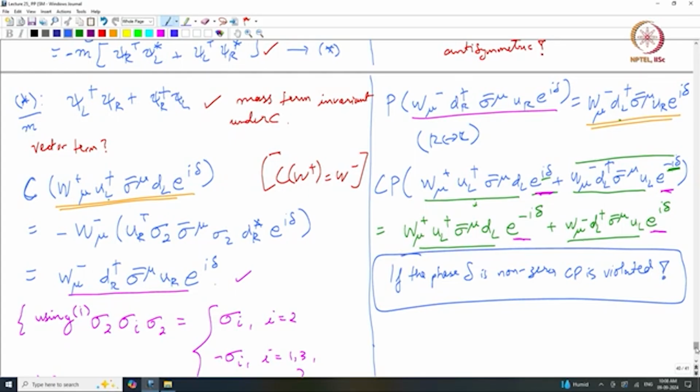And this is where the statement comes from that if you have more than or equal to 3 generations, or more than 2 generations, it implies CP violation in the weak sector. Remember, all of this came down to us after symmetry breaking.